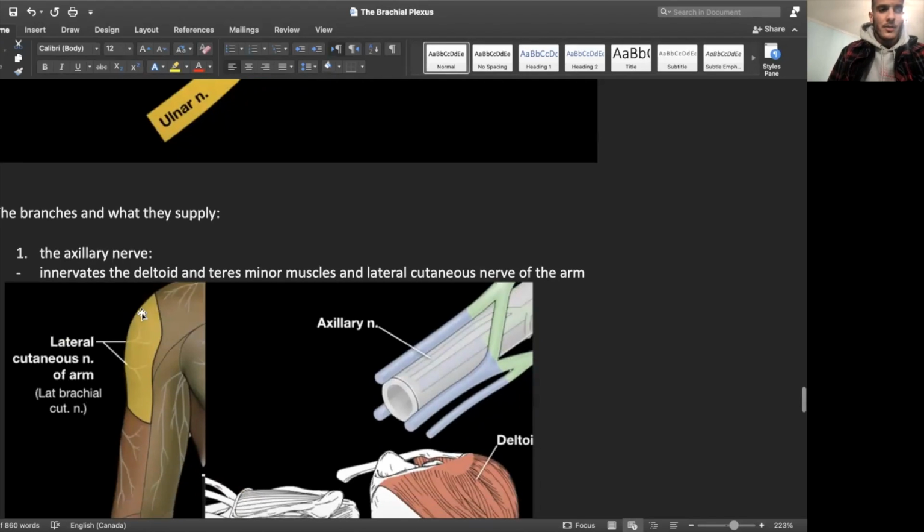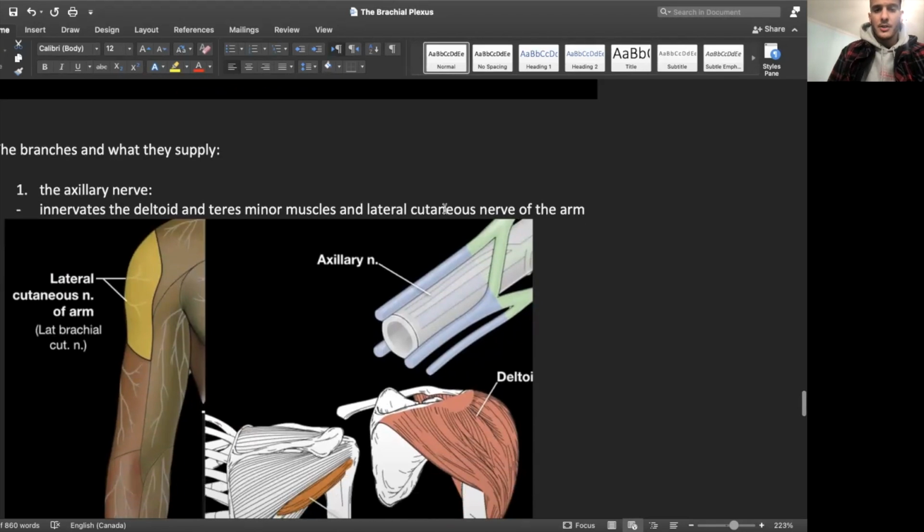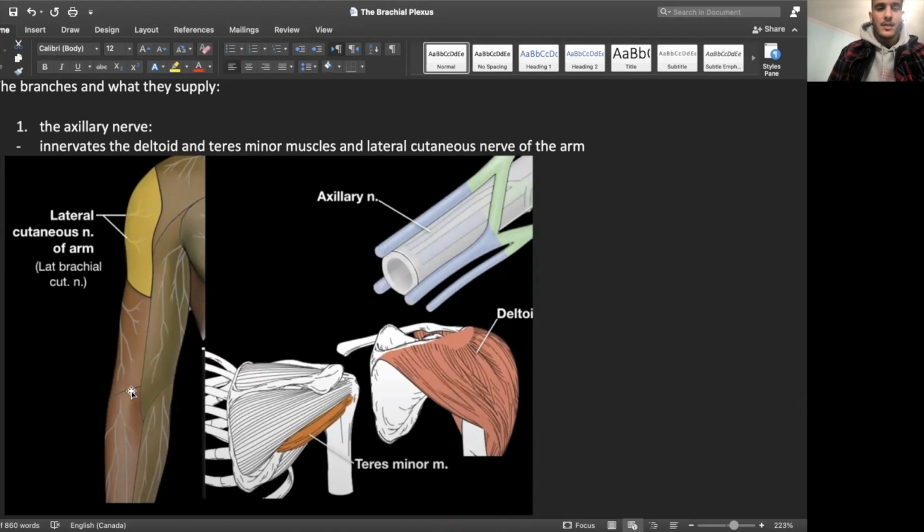The axillary nerve innervates the deltoid, the teres minor muscles, and it gives off the lateral cutaneous nerve of the arm, which innervates the skin that lies on the lateral side of the arm. When I say arm, it's the part superior to the elbow. So here the axillary nerve innervates this part of the arm.